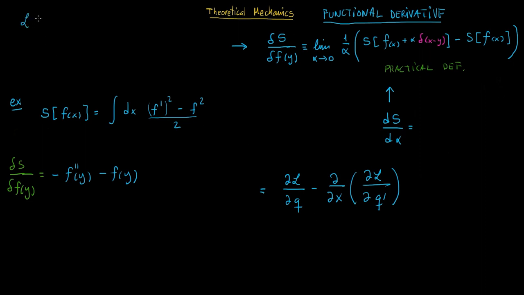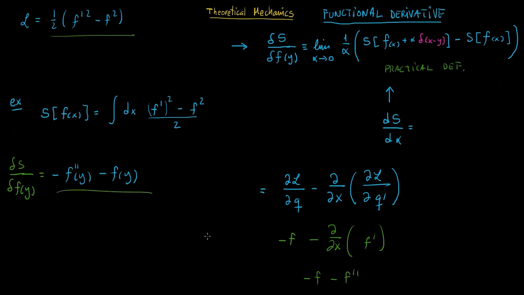So if L is 1/2 f prime squared minus f squared, this is going to be minus f, looking at this, minus the partial derivative with respect to x, and here we have f prime, so minus f prime prime, and this is equal to this, as we know it had to happen.